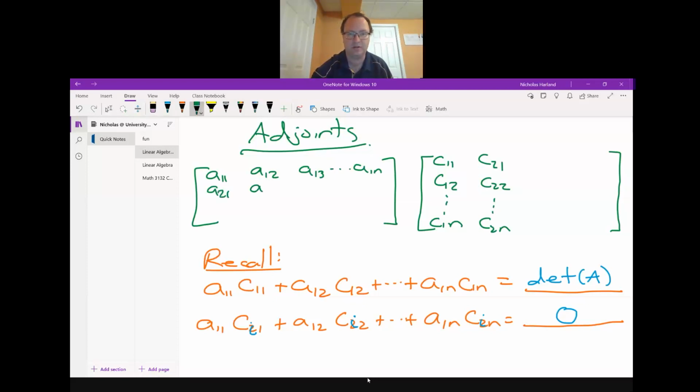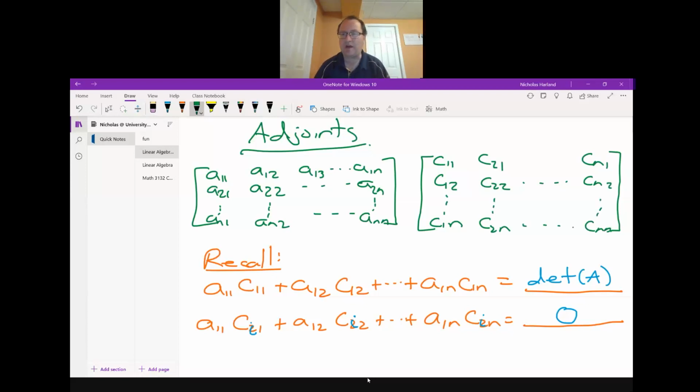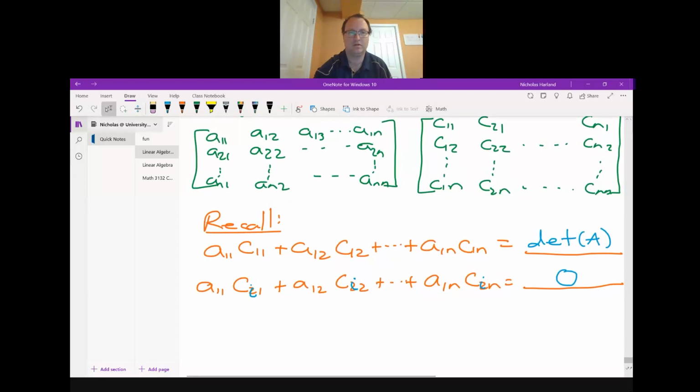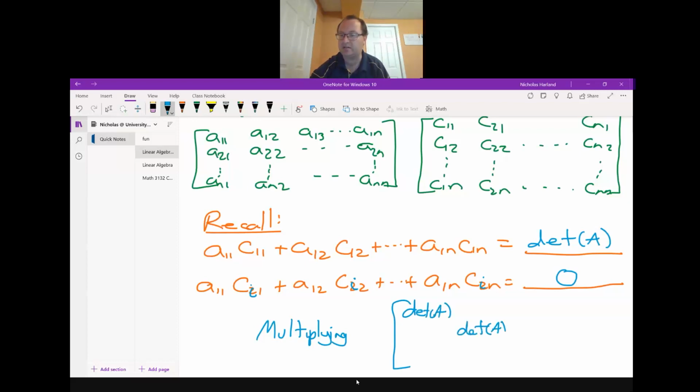Specifically, if we fill out the matrix with all of their entries, what happens if we multiply these together? Well, along the diagonal, we would get the determinant of A everywhere along this diagonal.